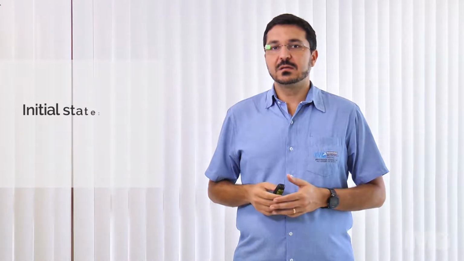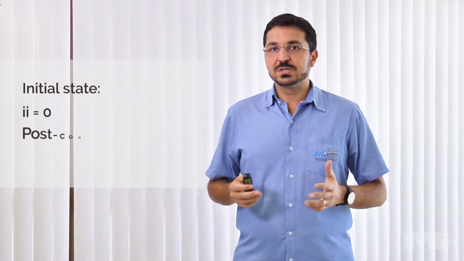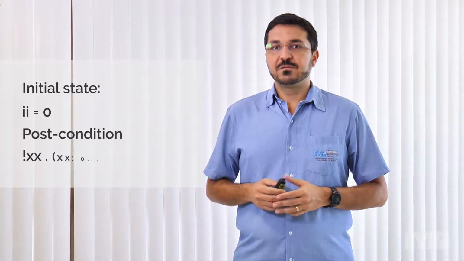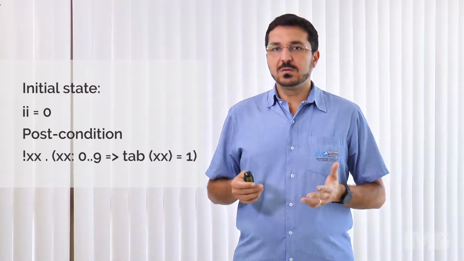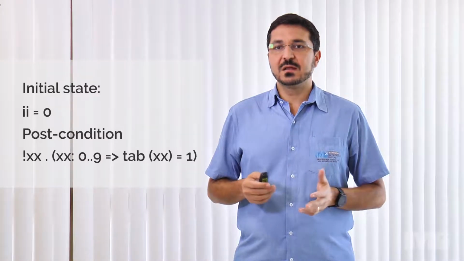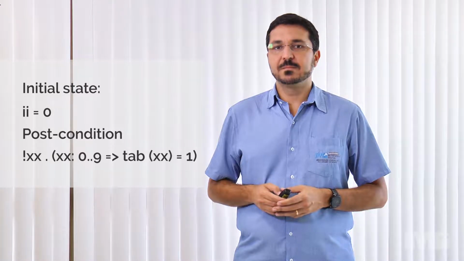In our example, in the initial state, II equals 0, and the postcondition of the loop is the following predicate. For all xx, if xx belongs to the set ranging from 0 to 9, then tab at position xx equals 1. The invariant construction is usually an iterative process by adding predicates that appear in unproved or unprovable proof obligations.